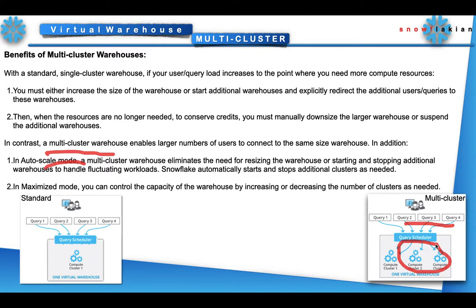If the additional load is completed, your additional clusters will also be shut down automatically. That is the reason you will not be charged extra credits. Suppose you have heavy load all the time, you can create your multi-cluster warehouse in maximized mode.